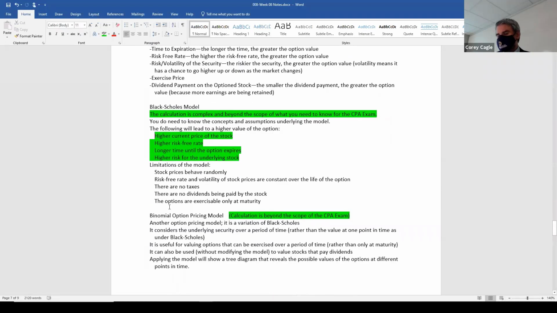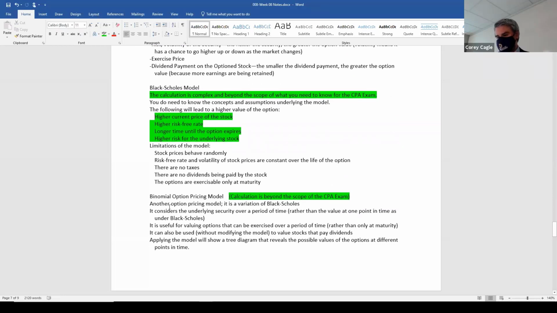Black-Scholes, that's the classic there. But here's another one, the binomial option pricing model. Again, we don't have to calculate anything here. It's a variation on the one we just talked about. Here's the difference. I don't know how important this is, but it considers the security over a period of time instead of just one point in time.